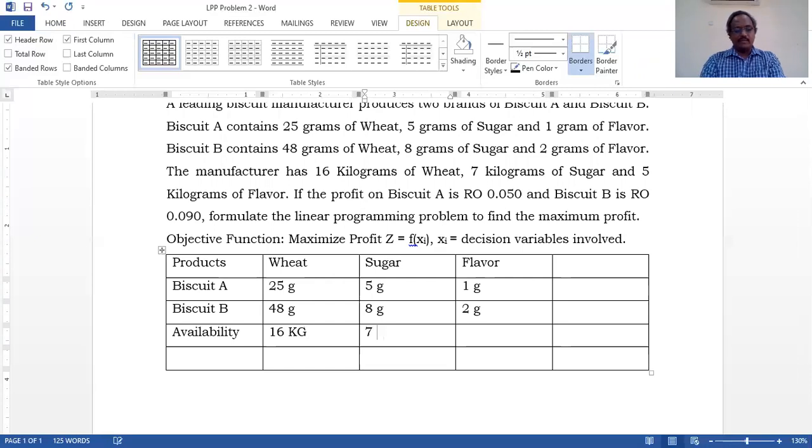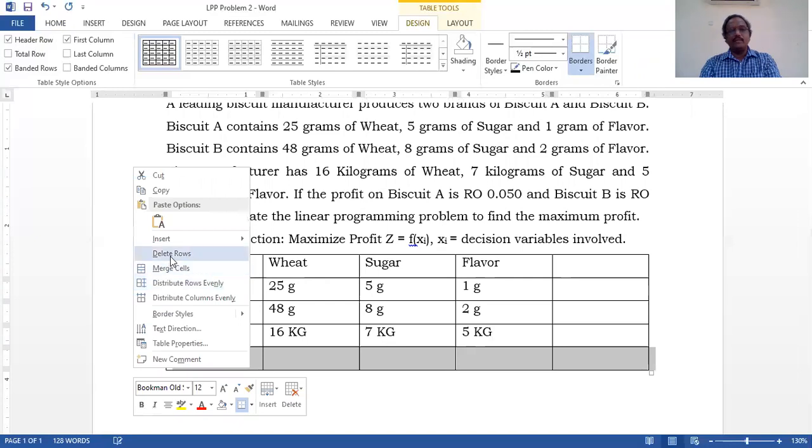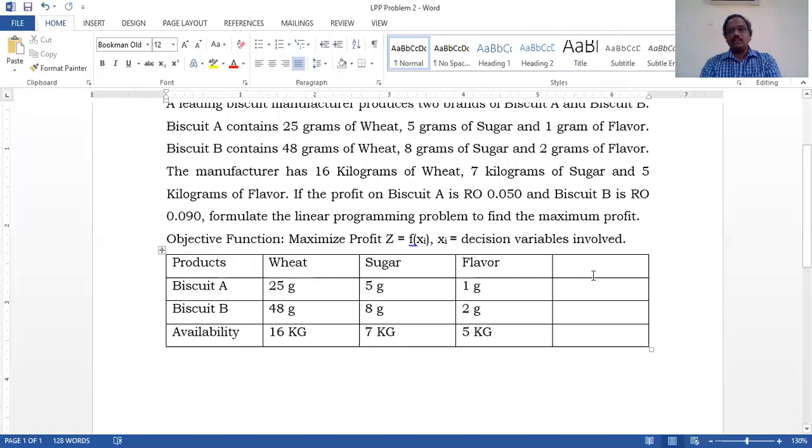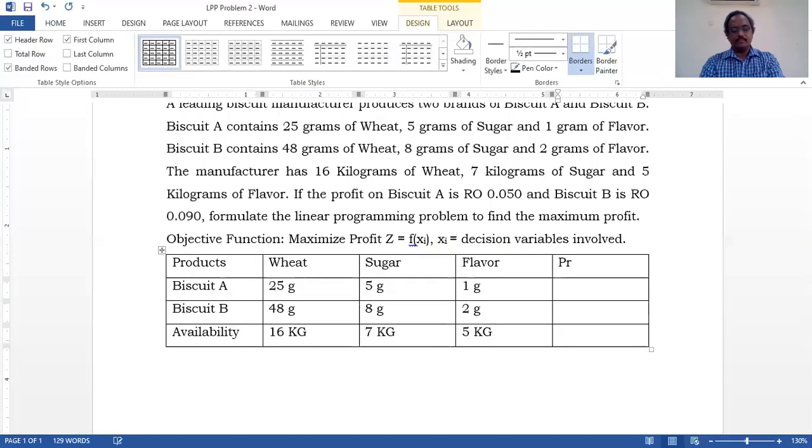Sugar is available for 7 kgs. And flavor is available for 5 kgs. The corresponding profits are given. On biscuit A, we are getting 0.050, and on biscuit B, we are getting 0.090.